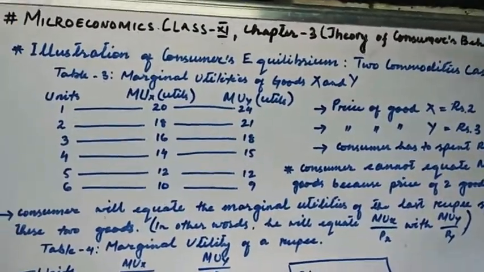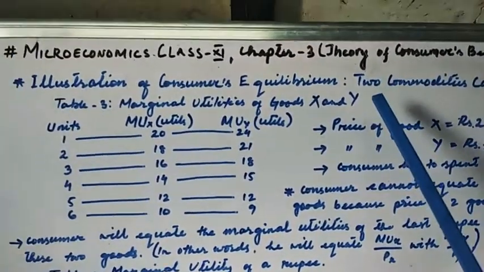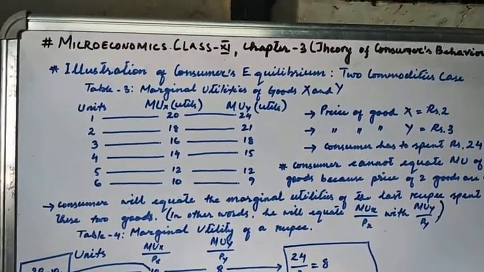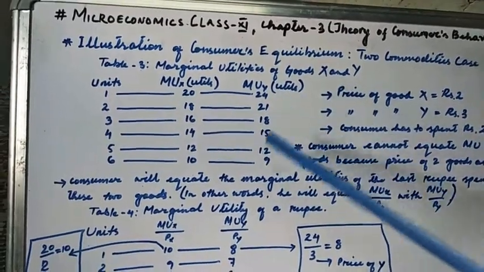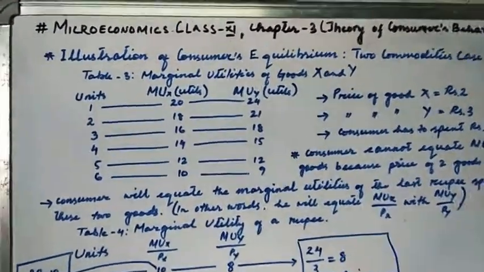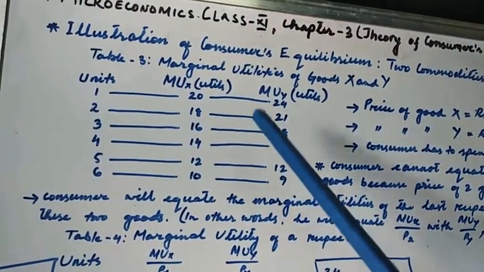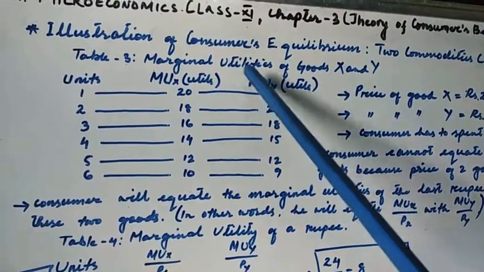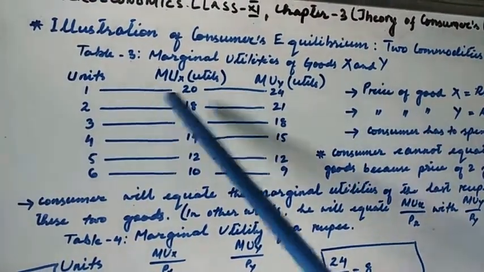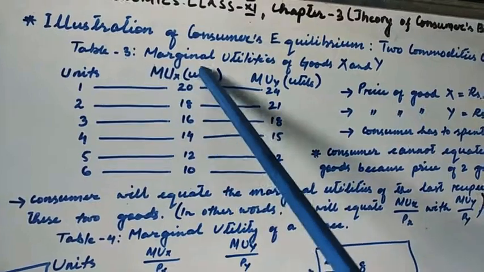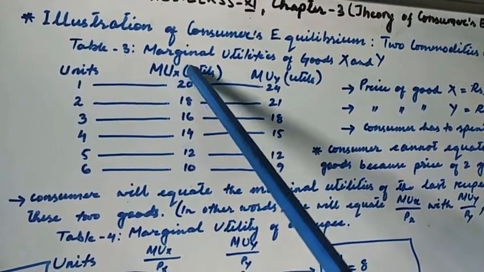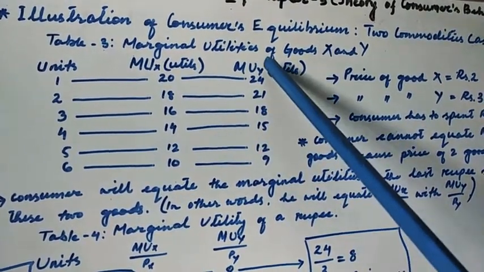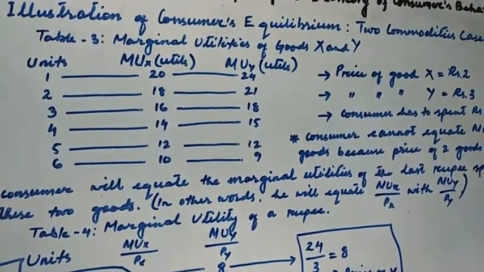So let us see the illustration of consumer's equilibrium in the case of two commodities. We shall show or prove the equilibrium condition in tabular form or even in graphical form. Here, in Table 3, we are seeing the marginal utilities of good X and good Y. These are the units, and here we are giving the marginal utility of good X, and in the third column the marginal utility of Y, in utils.